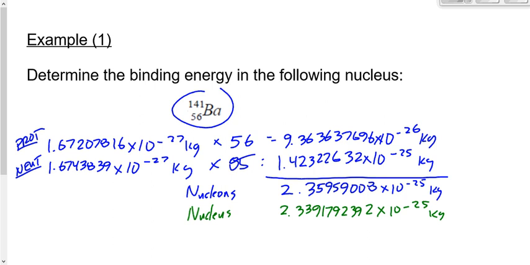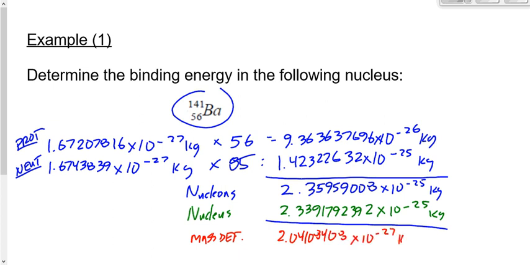Okay, let's subtract those and get the mass defect. We get 2.04108408 times 10 to the minus 27 kilograms.